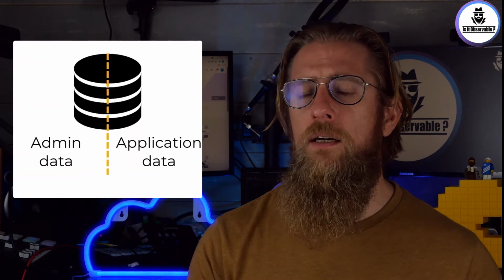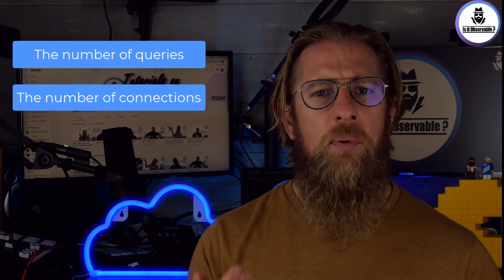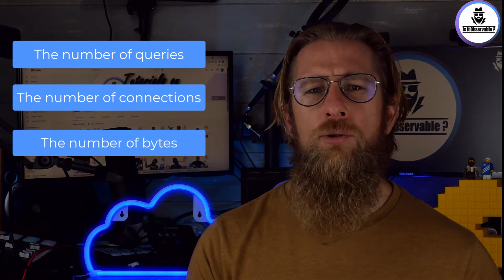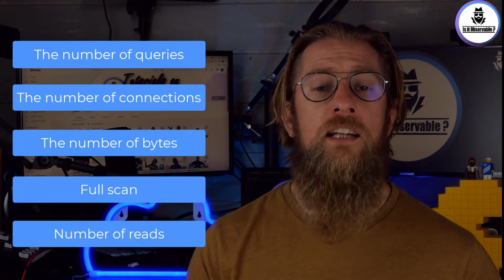So within your database, usually they're either technical administration tables, or it could also be technical views. In those views in your database, you can usually get the number of queries, the number of connections, the number of bytes, anything related to full scans, the number of reads, number of writes, and so on and so forth.